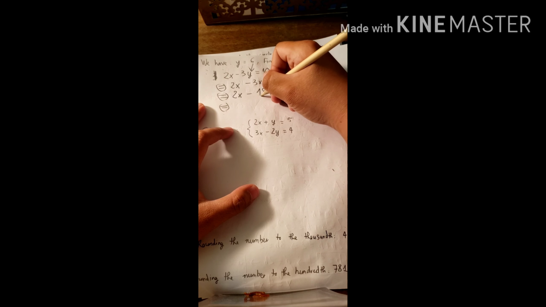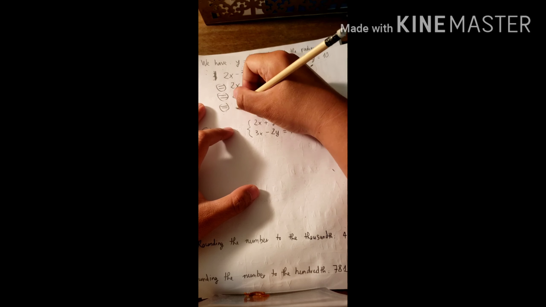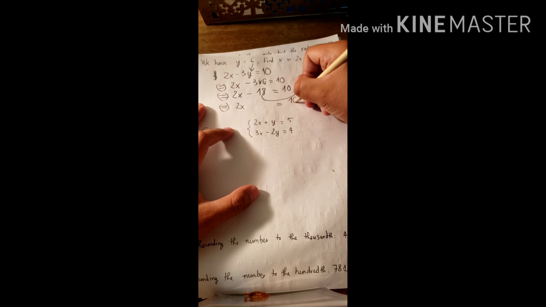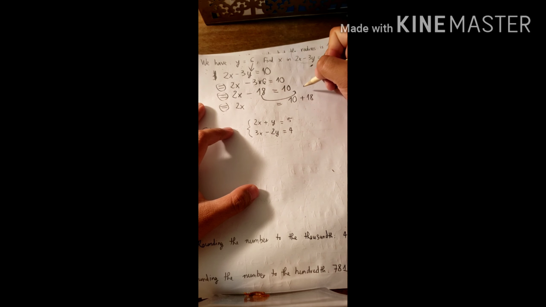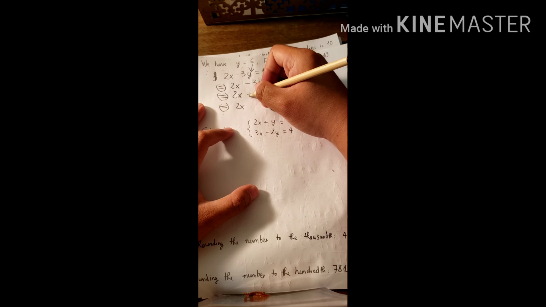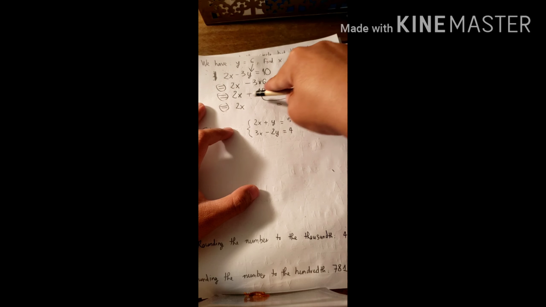We move the minus 18 to the right side, and this becomes like this: 10 plus 18, because the negative number moves to another side of the equal sign. We change the sign to the positive, or if it is a positive number and it moves to the right, it will become the negative number.